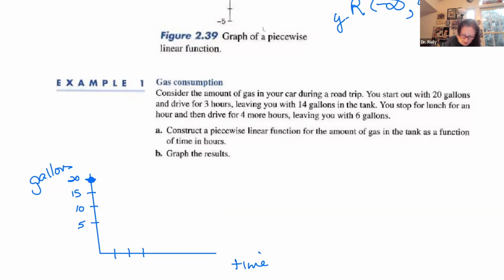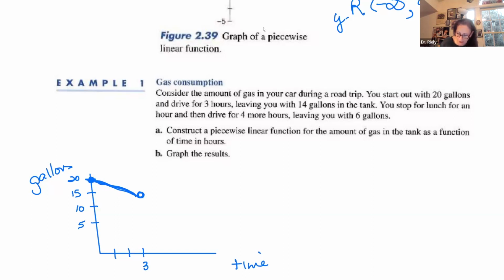And then as I drive, I'm going to drive for 3 hours. And that means that I'm going to stop driving when my tank will be at 14. So I'm going to make that an open circle because I'm no longer driving at 3 hours. That's when I'm stopping. So here's the first little piece. Without really having an equation, I could have gone different ways. I could have been decelerating, accelerating, but I just kept it simple.